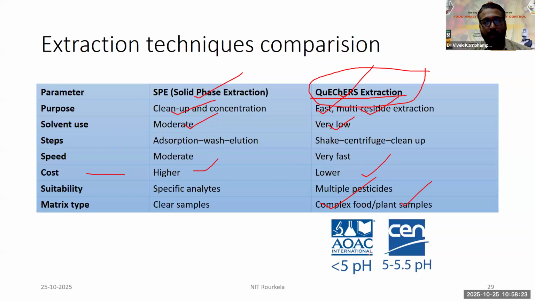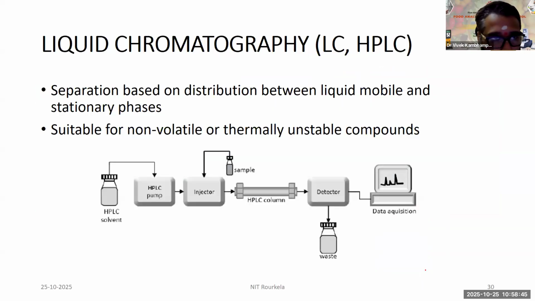Again, in the QuEChERS method, AOAC International sets the sample pH should be less than 5. In the European Union, EN method, they say that the pH of the sample should be 5 to 5.5. Okay, this is the main difference here.